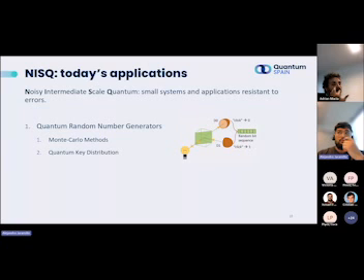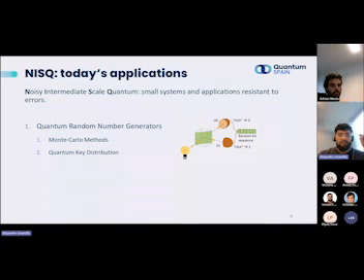So this is really useful for something like a Monte Carlo method that requires not only random numbers, but a really large amount of random numbers that are actually random. The second reason for quantum random number generators is to use them to produce cryptographic keys that ensure more secure communications.